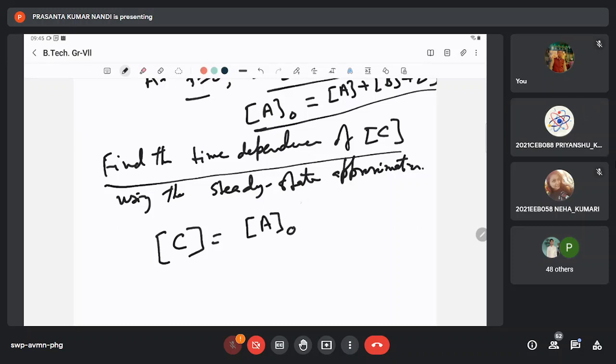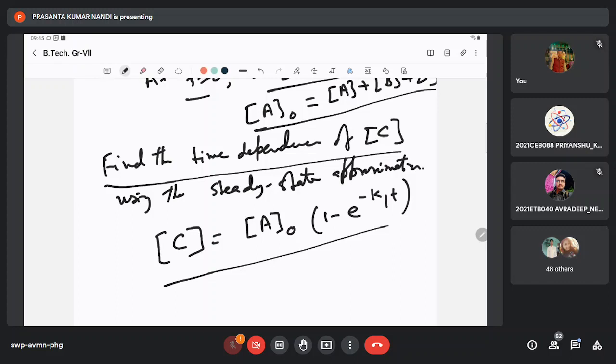I think that we deduce 1 minus e to the power minus k1t, right? This would be the answer. Because this is a simplified expression, if the first step is slow and the second is fast, as we have considered, if you could remember, then the reaction reduces to the first order with respect to the slowest one, because the rate constant K1 appears here.